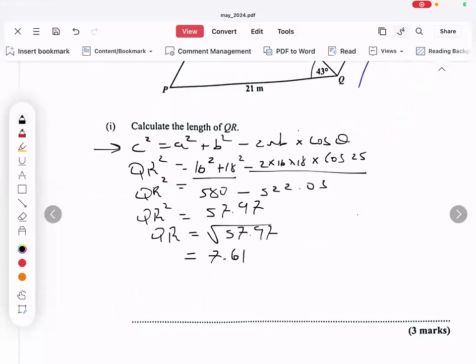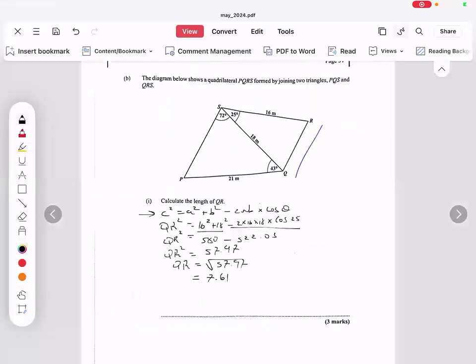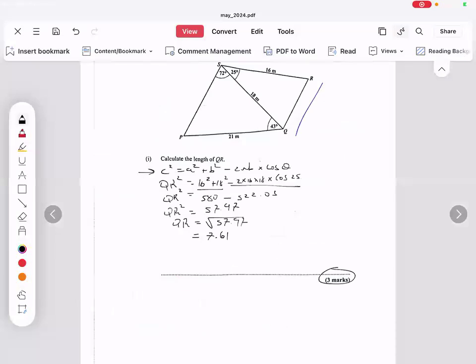Lovely. Quick question, 3 marks. I have confidence that half of my students in this class, if they ever spot this anywhere, will be able to get it right, because we drill this here: 2 sides, angle between, cosine rule.